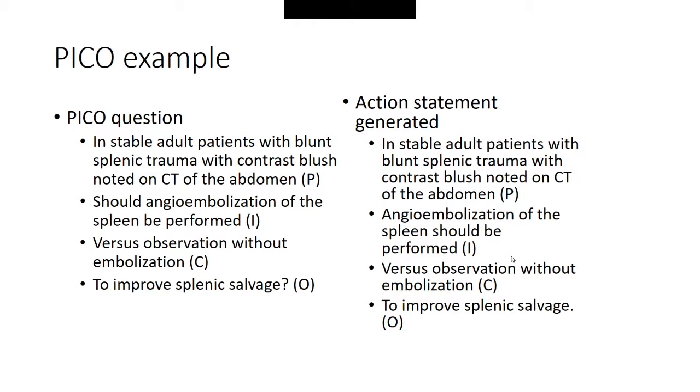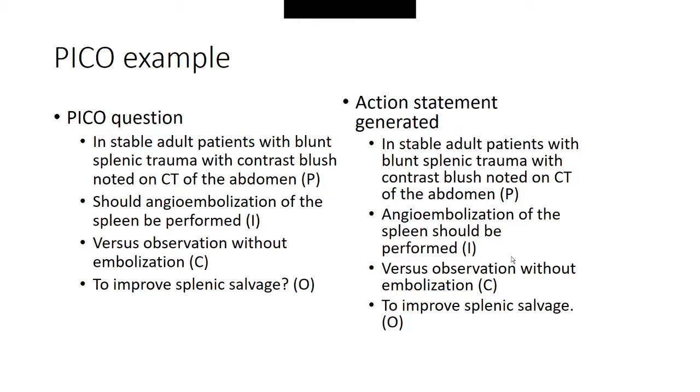So going back to the PICO question we had talked about before, the PICO question states, in stable adult patients with blunt splenic trauma with contrast blush noted on CT of the abdomen, should angioembolization of the spleen be performed versus observation without embolization to improve splenic salvage? This question generates an action statement.